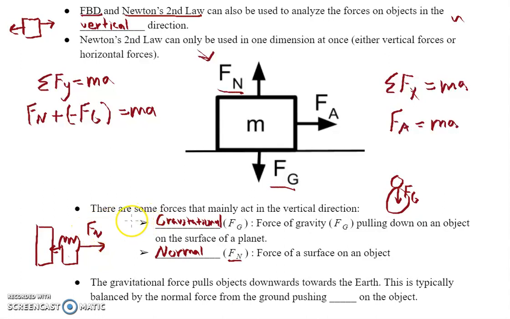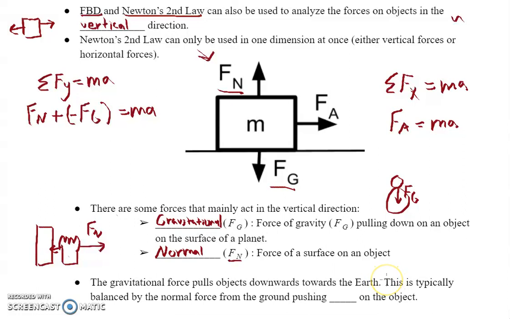That's called the normal force. Same thing, if you put a book on a table, there's going to be a normal force from the table that pushes that book back up. So it's important to keep in mind that the normal force is the force of a surface on an object. You put an object on a surface, there'll be some force because of that. Unless it's falling through it, you're going to have a normal force.